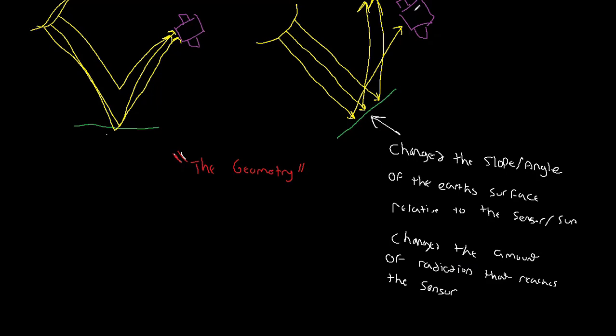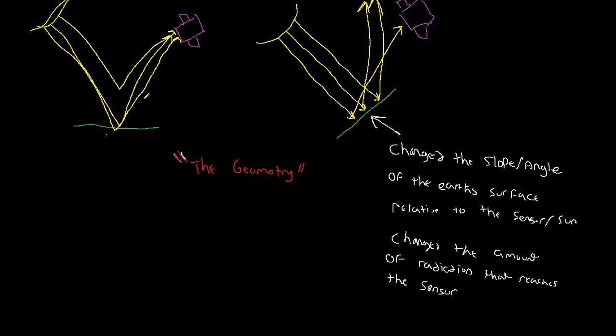Okay? I want to repeat that again. What we've done is we've changed the geometry by changing the angle or the slope of the Earth's surface relative to the sun and the sensor. And in doing that, we've changed the amount of radiation that's on a path that would reach the sensor. Okay?